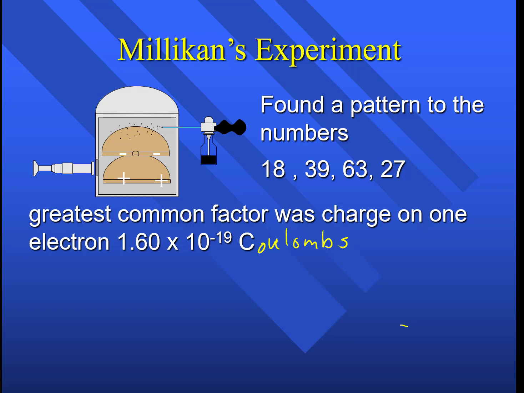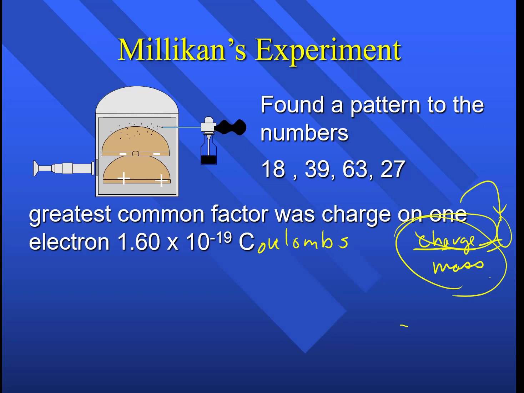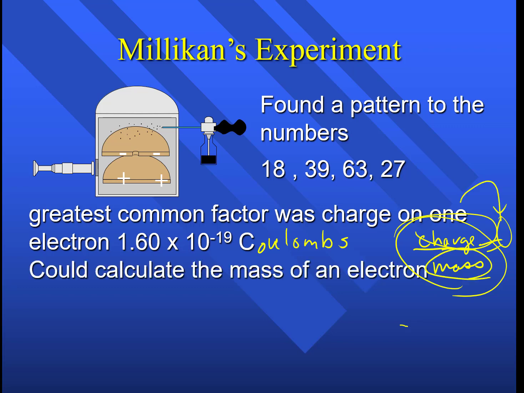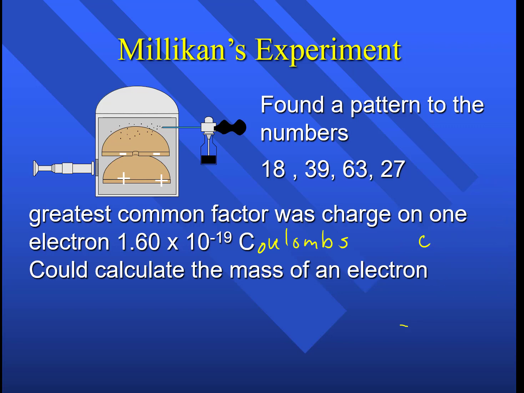So if you remember, Thomson had found this ratio. So once he finds that ratio, we now know charge and we know the ratio, so we can find the mass. So by finding the charge on one drop, he could then calculate the mass of that piece by how fast it bent.